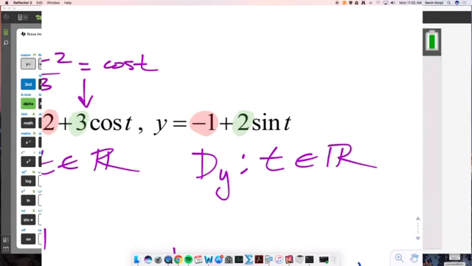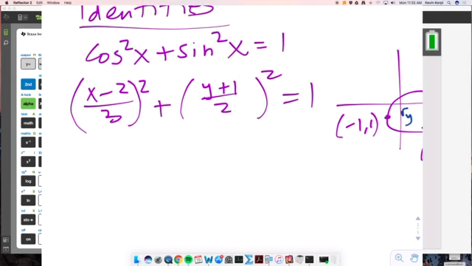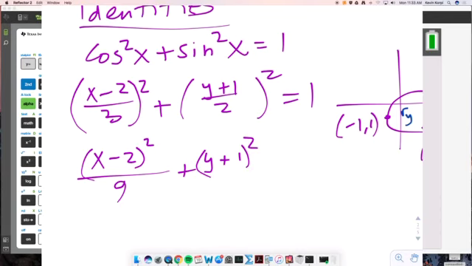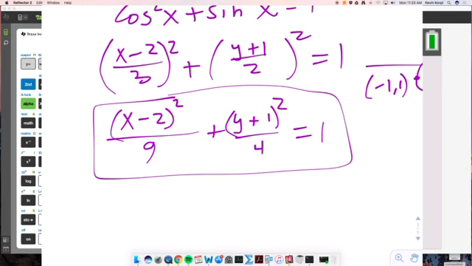If I solve this for sine, I'll add 1 to both sides and divide by 2, and that equals sine. And so I can plug that in here: ((y plus 1) over 2) squared, and that equals 1. And now if I simplify, I get (x minus 2) squared over 9 plus (y plus 1) squared over 4 equals 1. And this ends up being the standard form for an ellipse.